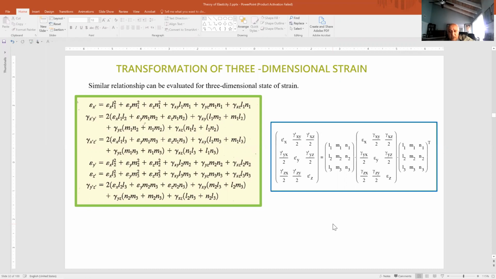If the moment of inertia with respect to a coordinate system is given, it has 6 components: moment of inertia with respect to x, y, and z, and product of inertia with respect to xy, xz, and yz, similar to the stresses and strains that we define. And the rule of transformation would be exactly the same as we have mentioned for stress and strain.